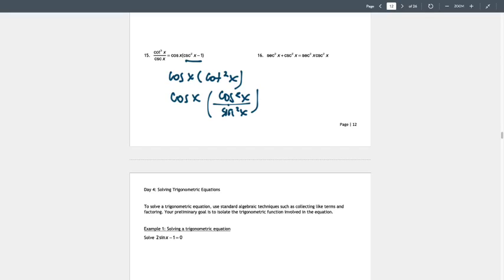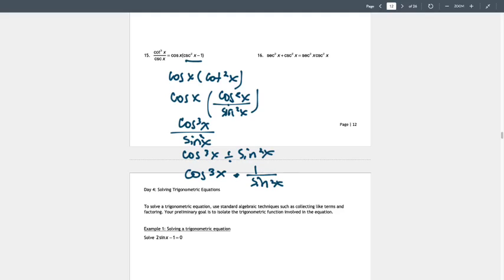Multiply straight across and you get cosine cubed x divided by sine squared x, which is the same thing as cosine cubed x times 1 over sine squared x. And 1 over sine squared x is the same thing as cosecant squared x in this case.